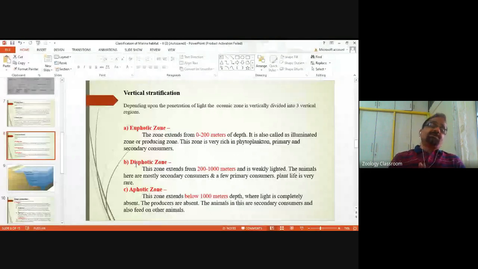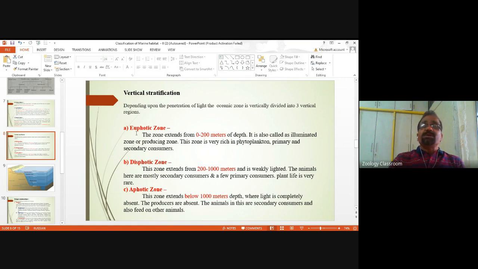Now, vertical stratification depends on the penetration of light. We have already discussed this while discussing the physical properties of the marine habitat. We came across such divisions while studying freshwater ecosystems also. Here, the area covered by these three different zones: the euphotic zone, from 0 to 200 meters.